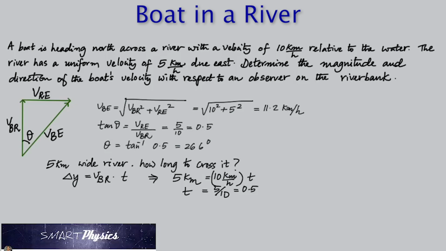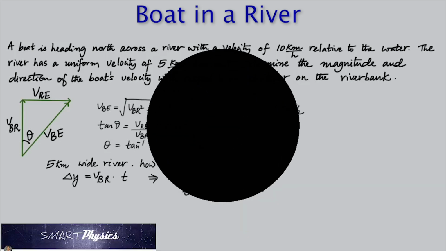All we have to do is delta y is VBR times t. So 5 kilometers, the width of the river, is equal to the velocity along that direction multiplied by time. And you get time as 5 by 10, which is 0.5 hours, meaning half an hour.